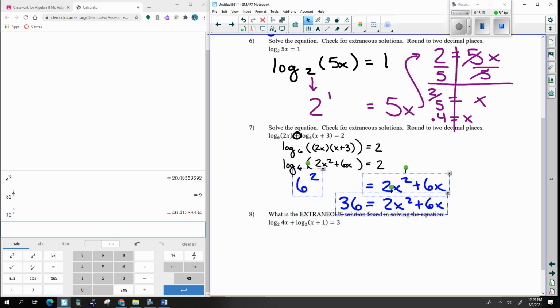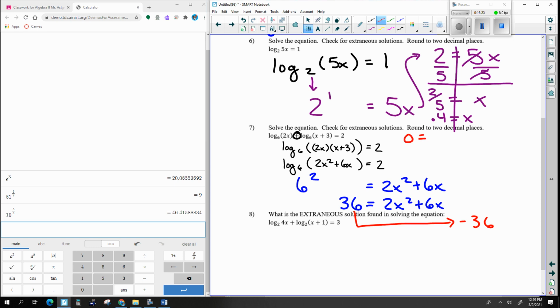Getting closer to the end, getting closer. All right, so what I'm going to do is subtract the 36 over here, so that will leave the left-hand side equal to 0. Okay, let's take out a 2.